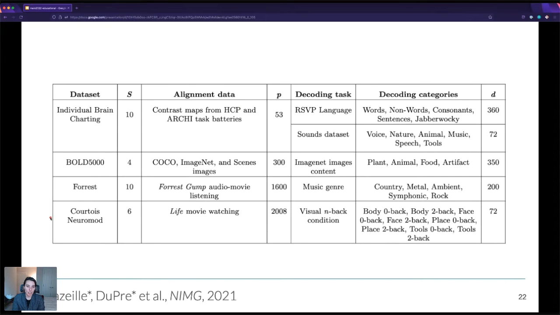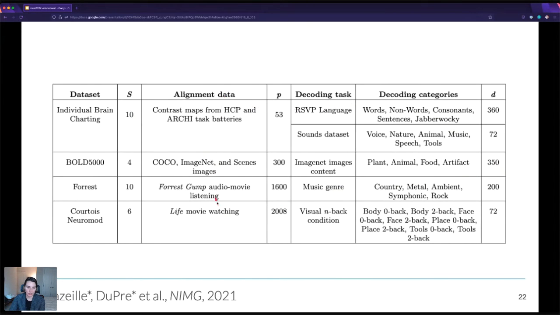Right? So what we did here was we looked across the field of functional neuroimaging, and we found data sets that had a lot of data for each participant, some of which we could use for alignment, and some of which we could use for a separate unrelated decoding task.